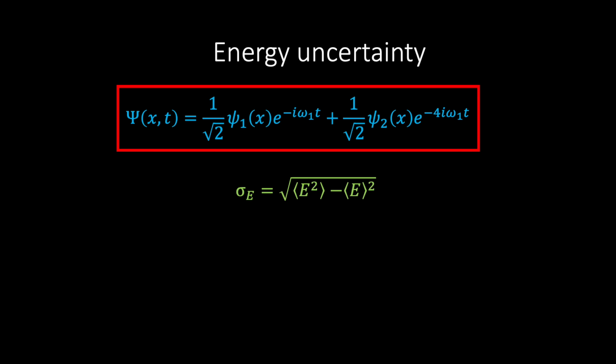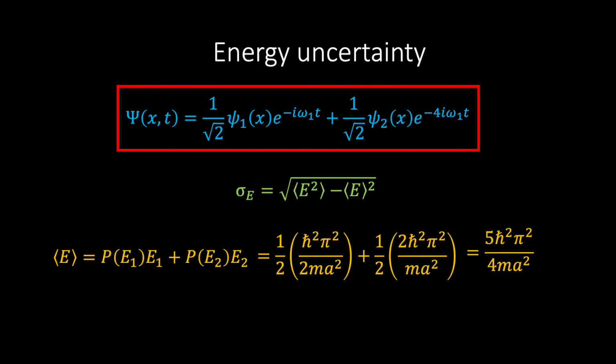Let's begin by calculating the expectation value of the energy, which is simply equal to the probability of measuring E1 multiplied by the energy E1, plus the probability of measuring E2 multiplied by the energy E2. If we put the values in, we find the following expression for the expectation value of the energy. This is telling us that if we prepared an infinite number of identical ensemble states and measured the energy of each of these states and then calculated an average, this is the value that we would obtain.